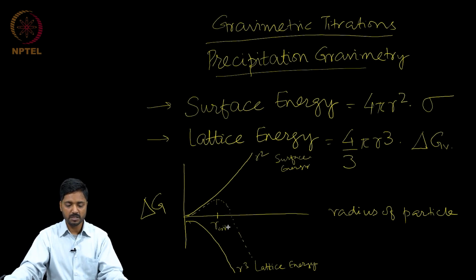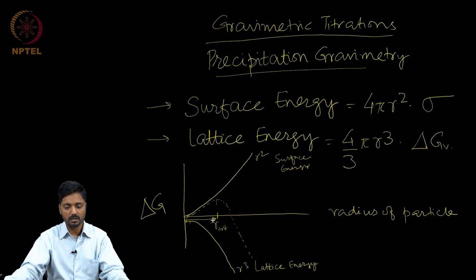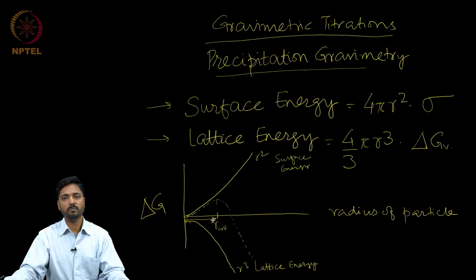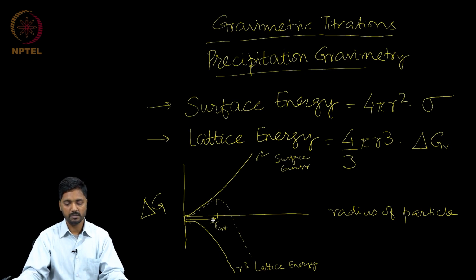We can consider that this initial phase till reaching the r critical value is the phase of nucleation, where the particle is forming and redissolving into the solution, and only a certain fraction of these nuclei that are formed will continue to grow into bigger particles. Once this threshold of r critical is crossed, we will be able to create bigger and bigger particles during the growth phase.